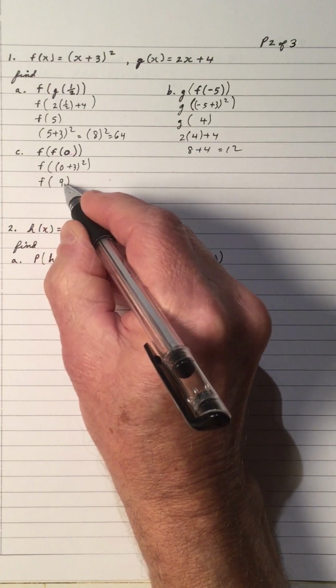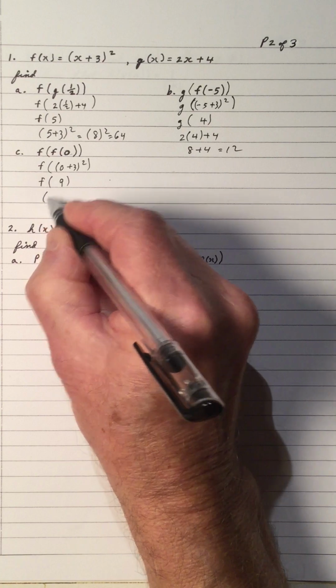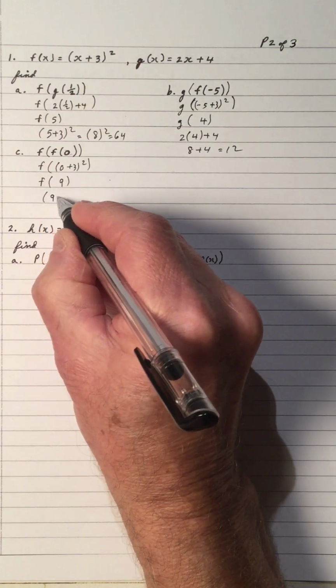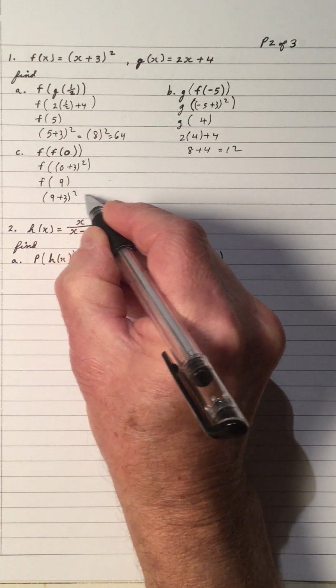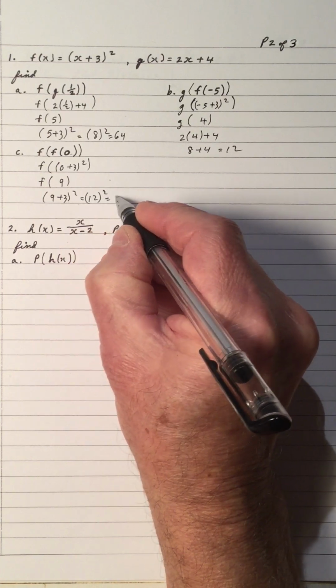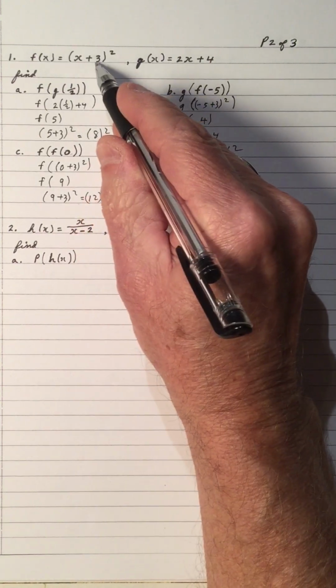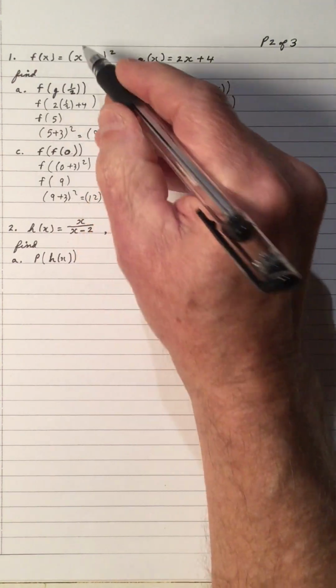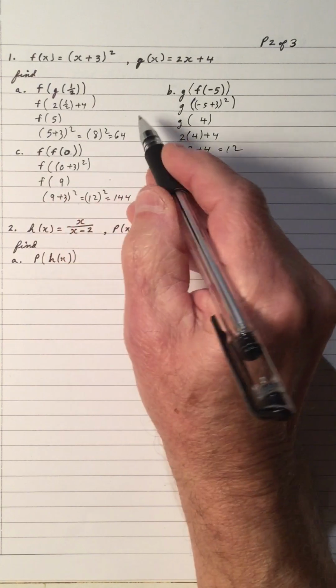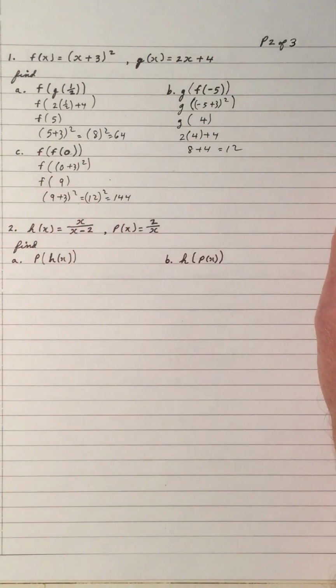And then we're doing f of 9, so we're putting 9 in here. That's 9 plus 3, 12 being squared. 12 squared is 144. So we put 0 in the f and got the 9, then put the 9 in the f because it's f of f. So f is going into itself, as you can see.